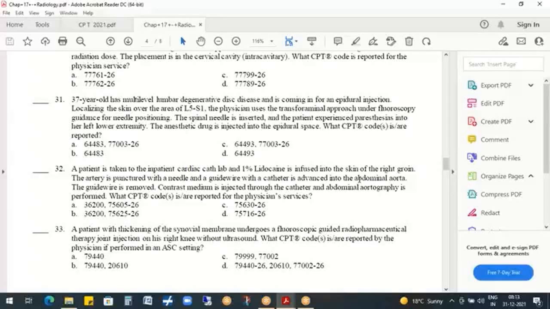What will be your answer? 31, B for Bombay, everyone? Yes, 64483, sir. Now, why? Because guidance is a part of the procedure. That is the rule regarding guidance.